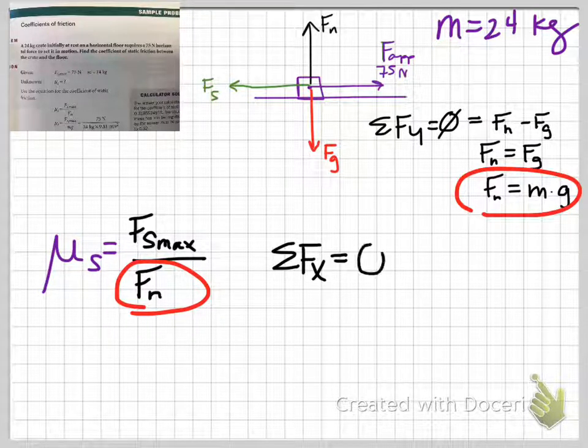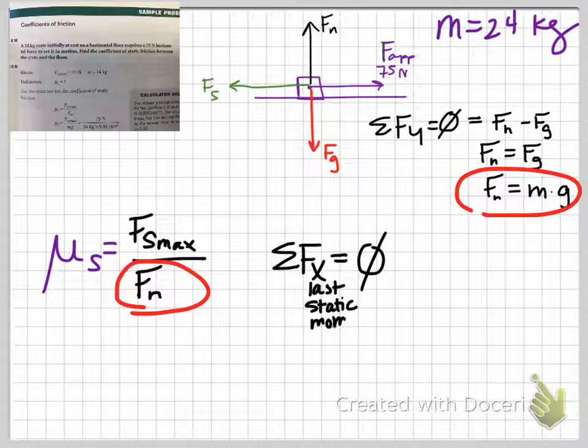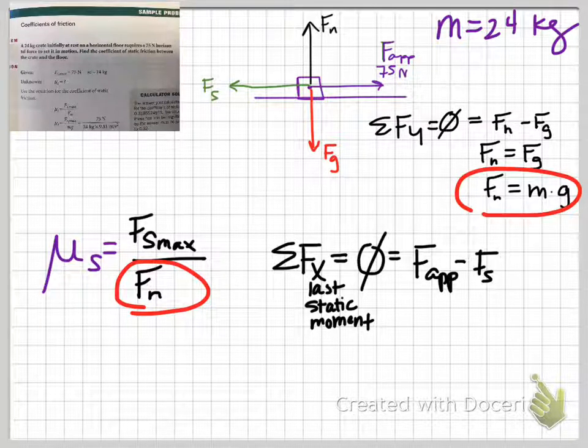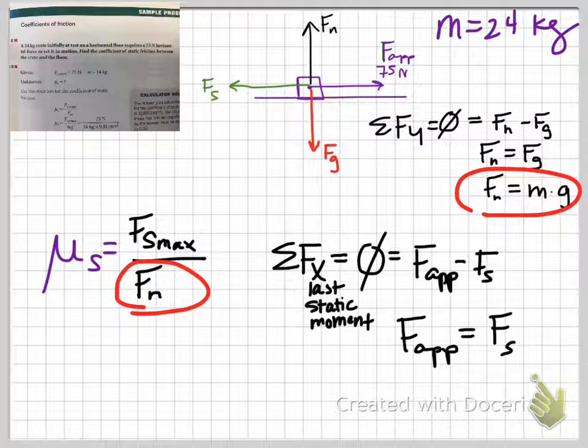So what we say is that at the point just before it breaks loose, the last static moment, the force applied minus the force of static friction is going to equal 0, which means the applied force at that moment is equal to the force of static friction.